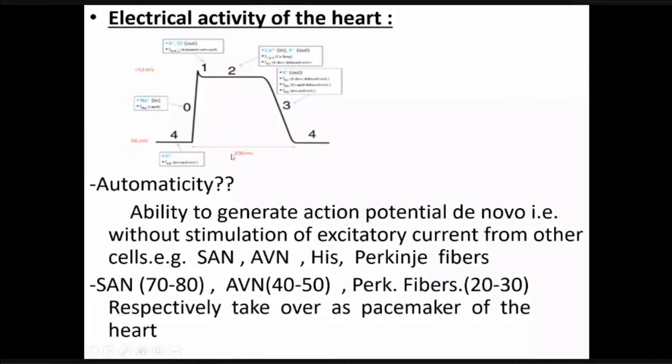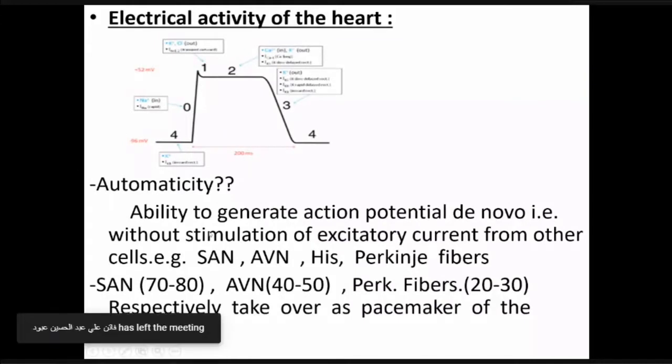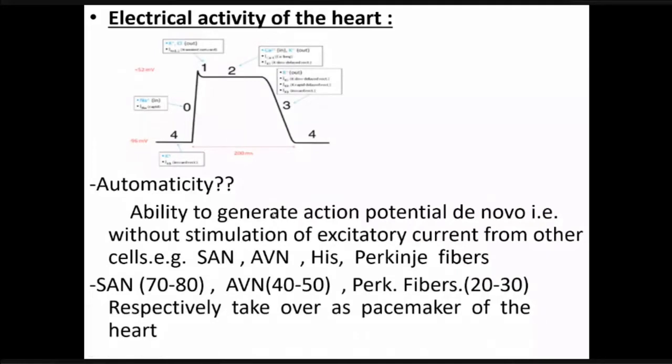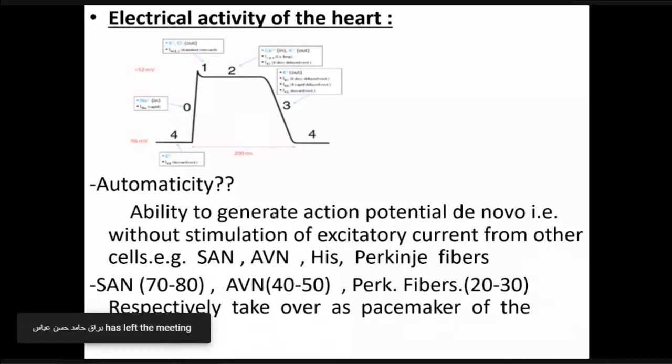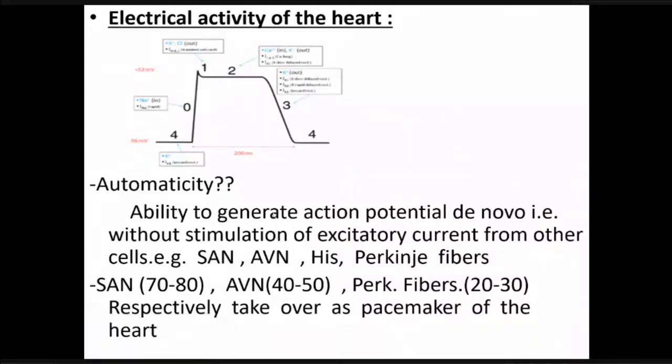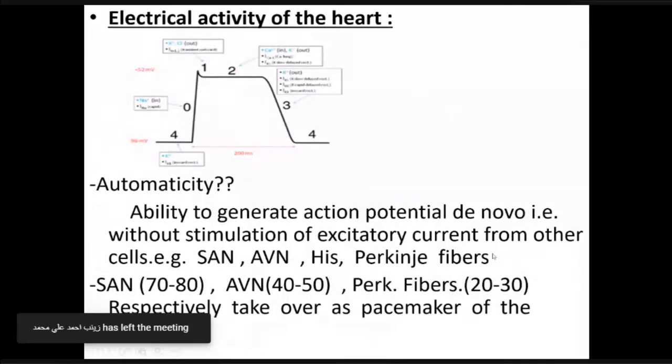So we have a term called automaticity. It is the ability to generate action potential de novo, that is to say without stimulation by excitatory current from other cells. So the SA node, the AV node, the His and the Purkinje fibers, all of these are automatic fibers, automatic cells, meaning they have the ability to generate electricity by themselves.